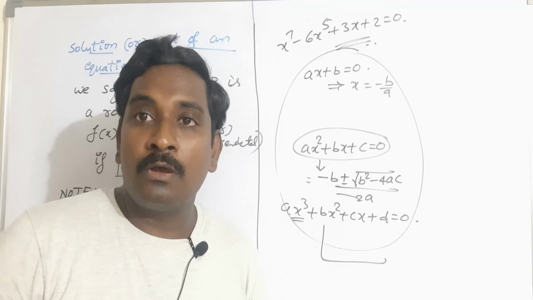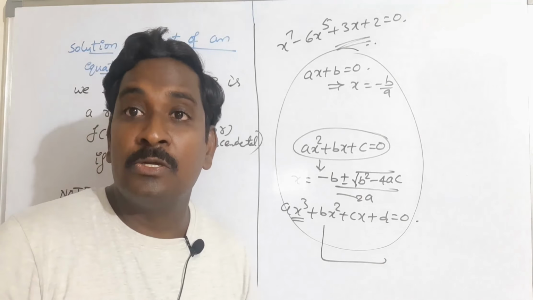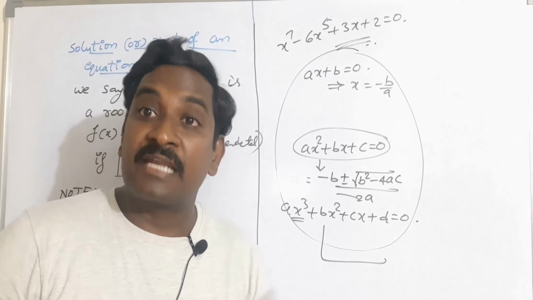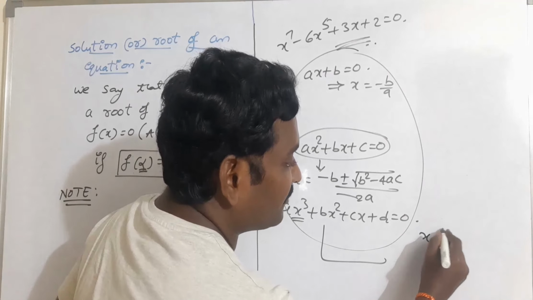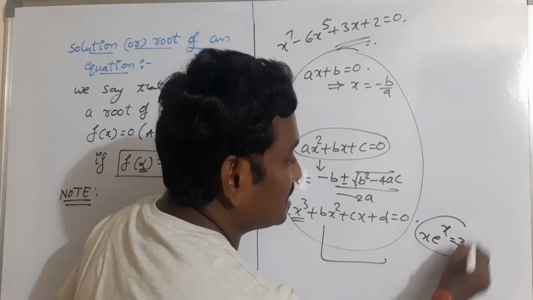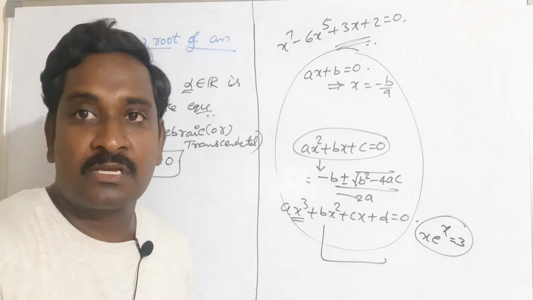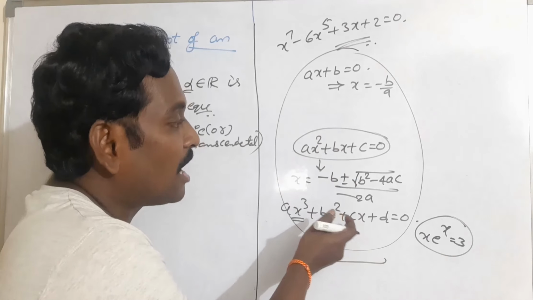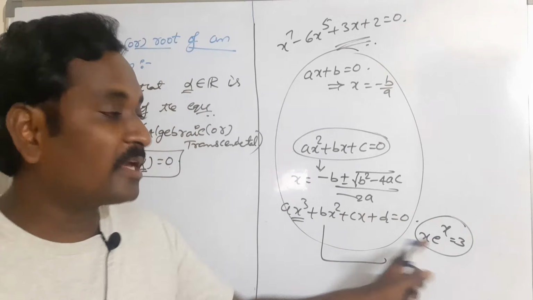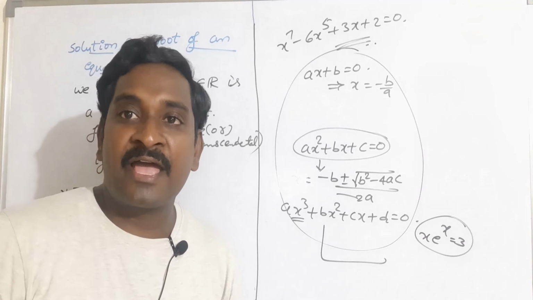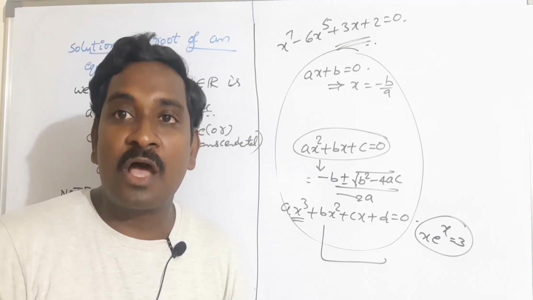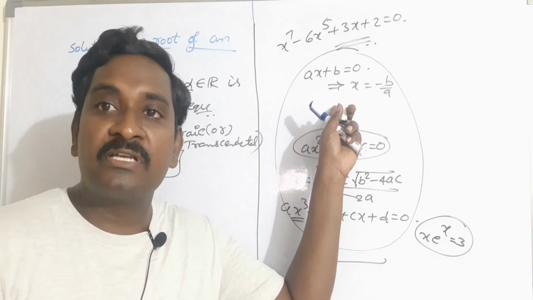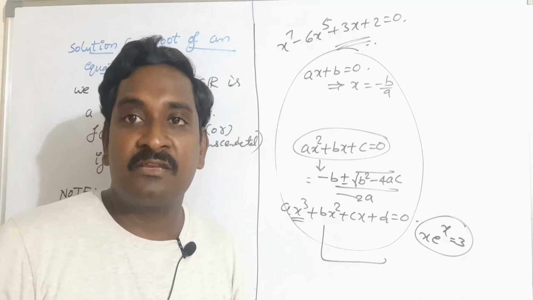Also, these analytic methods fail to solve transcendental equations. Suppose the given equation is in the form x into e power x is equal to 3. This is called a transcendental equation. None of these methods work to find the roots for this type of equation. That's why we use numerical methods to find the roots of high degree algebraic equations and transcendental equations.